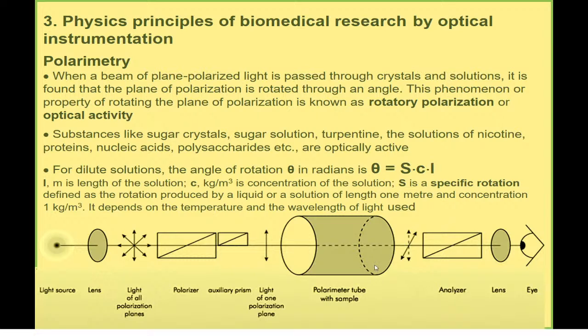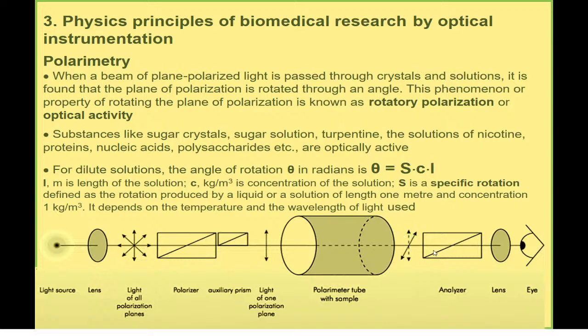After that, there is the polarimeter tube with the sample under investigation. It is of particular length, L. And you can see this optically active substance rotates, changes the orientation of the plane of polarization.